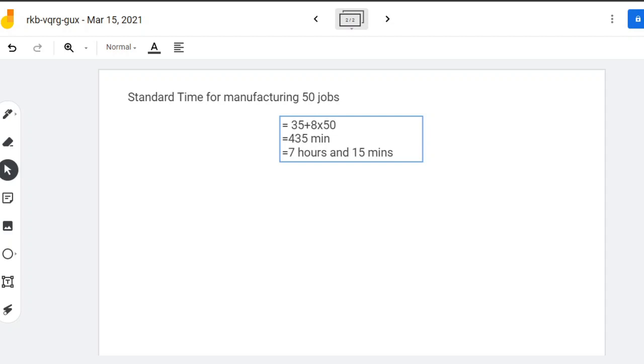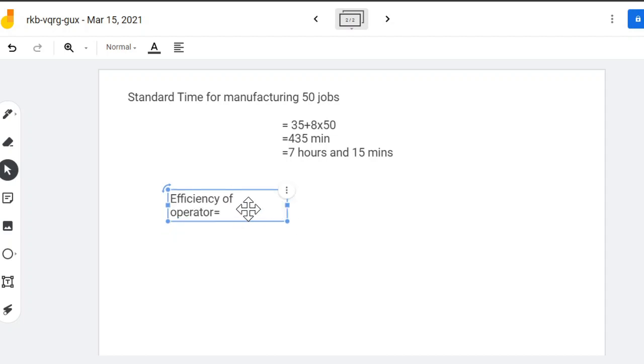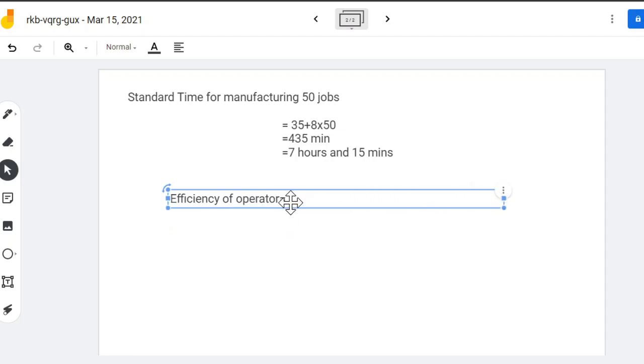Efficiency of the operator is the standard time minus the observed time, times 100 over the actual time.